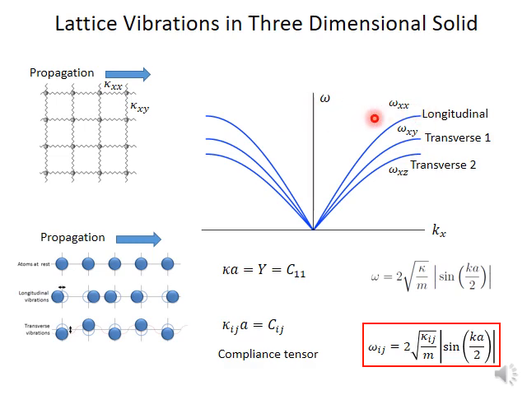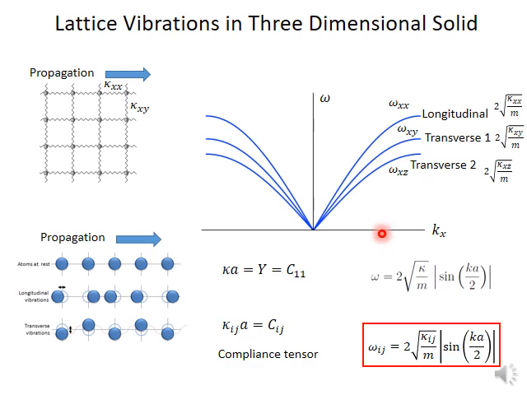You can also calculate the maximum values of these omegas using these tensor components. Omega x would have a maximum value given by 2 square root of kappa xx by m, and similarly for the two transverse components, the maximum values are given by these.